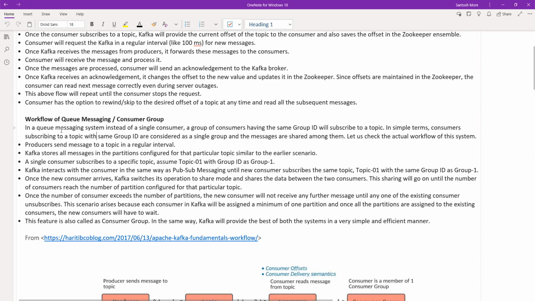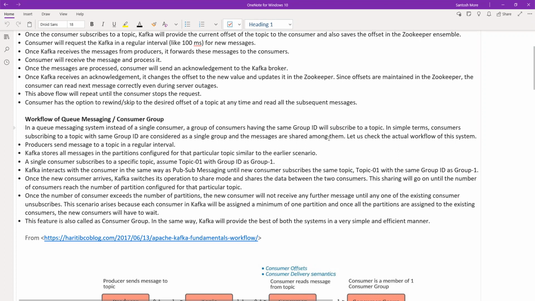What they say is, in a queue messaging system, instead of a single consumer, there is a group of consumers, because that is what consumer groups are. Consumers which have the same group ID and subscribe to a topic are considered a single group, and the messages are shared among them.